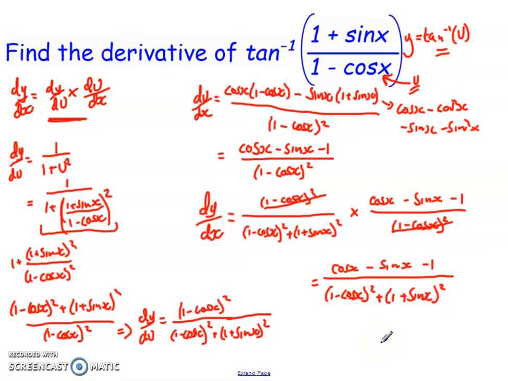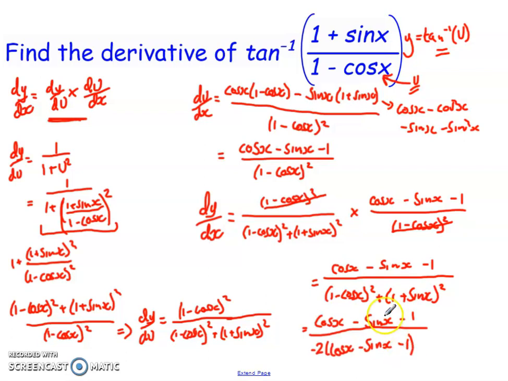Or at least that might be what it seems like at this stage. If you look at the denominator, this doesn't exactly look the most simple of formats. So what to do is multiply out all the brackets, gather everything together and simplify it. If I were to do that, my numerator would stay the same, cos x minus sin x minus 1. But my denominator, once I've simplified it and factorized it, would be minus 2 times (cos x minus sin x minus 1).